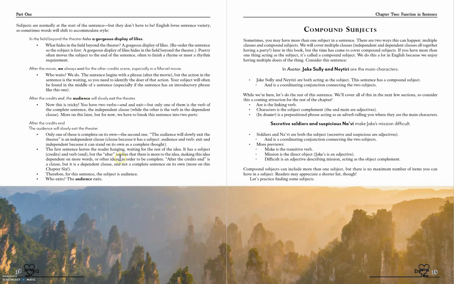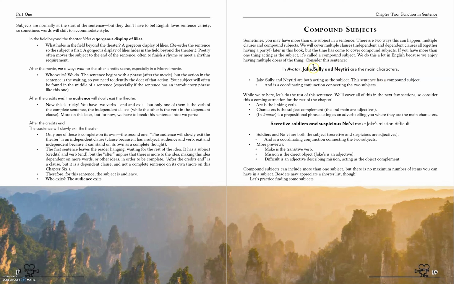And this gets into a little bit of the independent-dependent clause thing, but like I said, we'll talk about that a little bit later on, so just keep it in the back of your brain. The other thing that you want to keep in mind is that sometimes we like more than one subject in a sentence. We like to have many things doing a thing. So in this case, when we talk about Avatar, the movie, "Jake Sully and Neytiri are the main characters." Well, who are both of them?